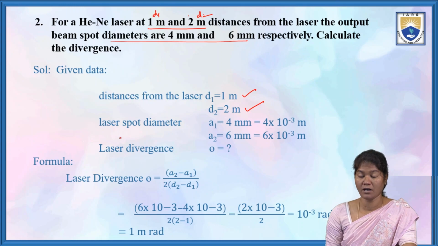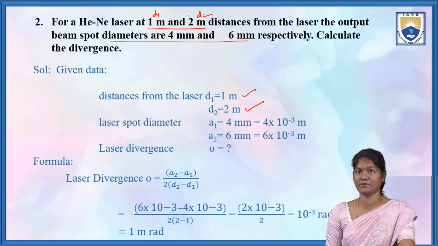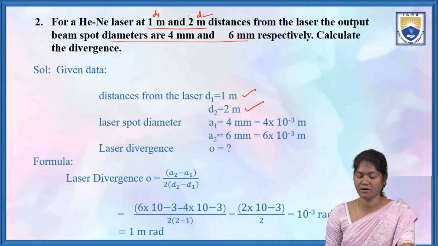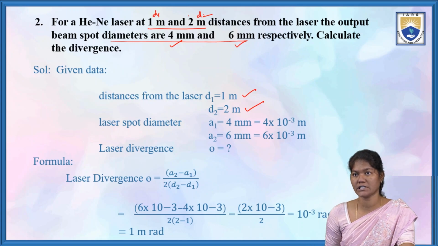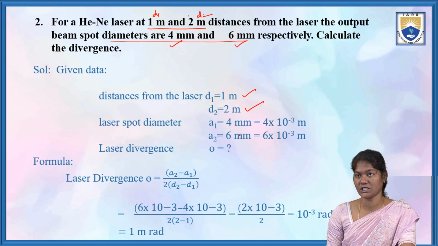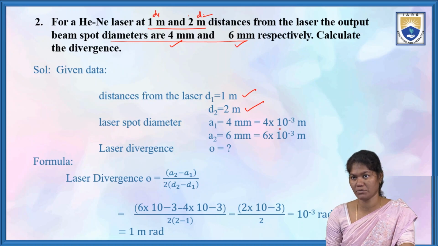And the laser spot diameters, the output laser beam spot diameters, A1 is equal to 4 millimeter, A2 is equal to 6 millimeter, which is converted into 4 into 10 power minus 3 meters. A2 is equal to 6 millimeters, so that is equal to 6 into 10 power minus 3 meters.